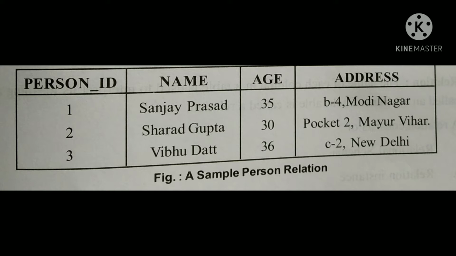What are the advantages of the relational model? Following are some of the advantages of the relational model. Ease of use. The simple tabular representation of the database helps the user define and query the database conveniently.